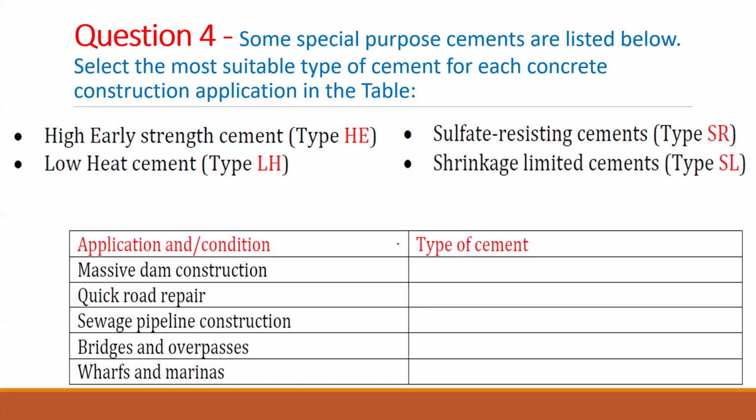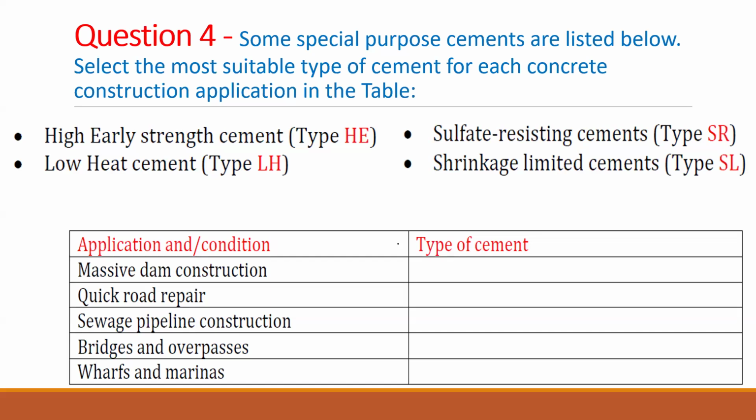Which one do you need to use for massive dam construction? High early strength, low heat, sulfate resisting, shrinkage limited. Which one should be recommended? Is it high early strength?